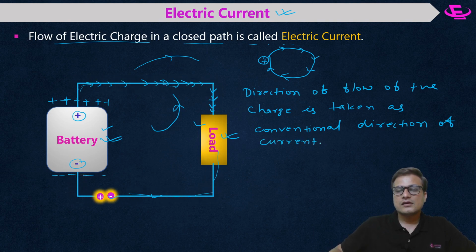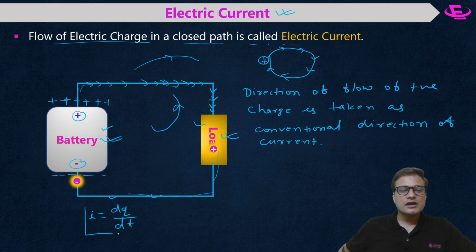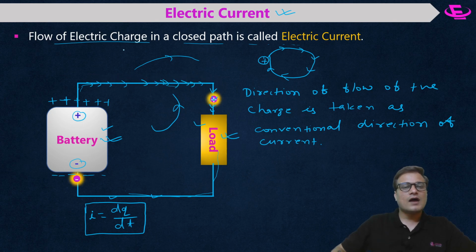Clear? Now if we write the formula of electric current, the formula can be written as I equal to dq upon dt. This is called current. That means rate of flow of charge with respect to time. What does it mean?